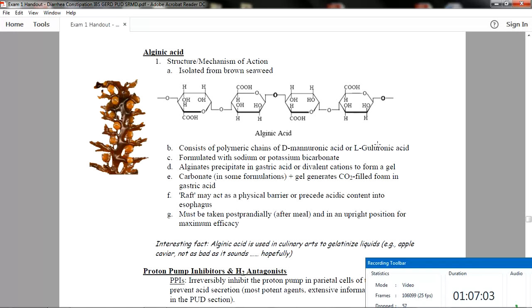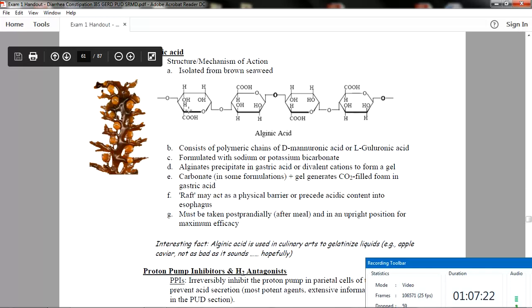It's a dessert. It's a sweet that looks like caviar, but it's actually just kind of like an apple juice that is gelatinized with alginic acid. It's isolated from brown seaweed. Like I said, it's got a polymer.